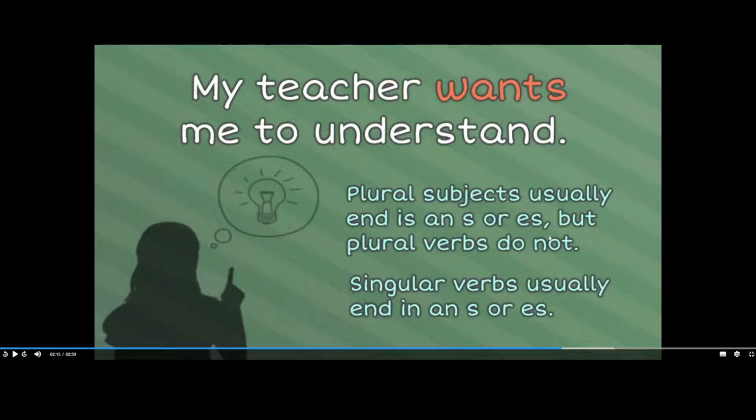Now, plural verbs do not end with S or ES. So if I use a plural verb, it should not end with S or ES. And the opposite for singular subjects. Singular subjects do not end with S or ES, but singular verbs end with S or ES.